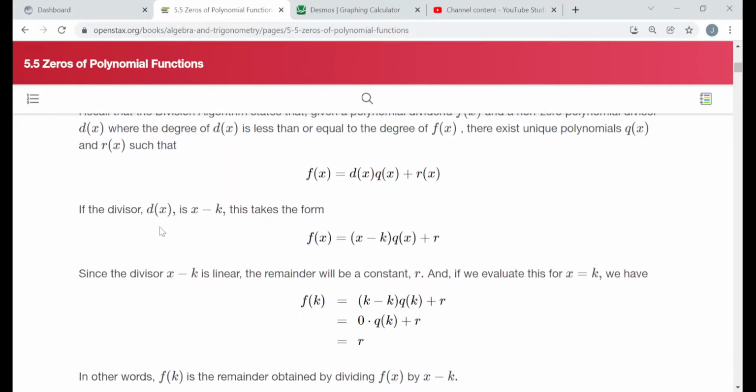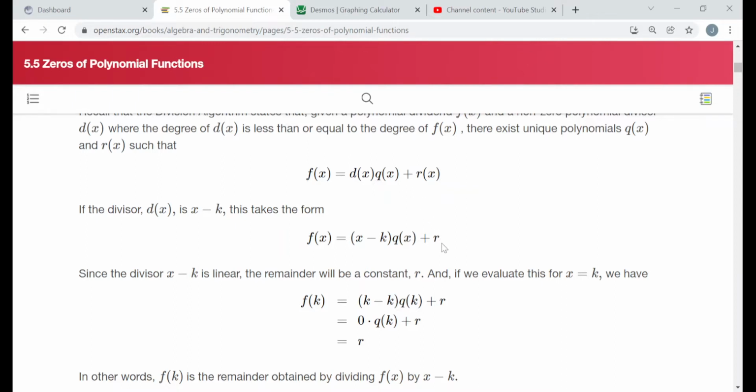Well, what if the divisor was just a simple degree 1 polynomial with a lead coefficient of 1, just an x minus k? Then d of x is replaced by x minus k, and the remainder is just going to be simply a constant. That's why they say instead of r of x, they just say r.